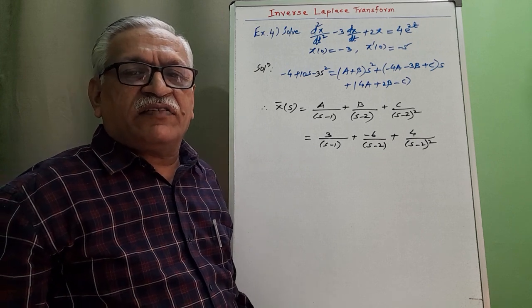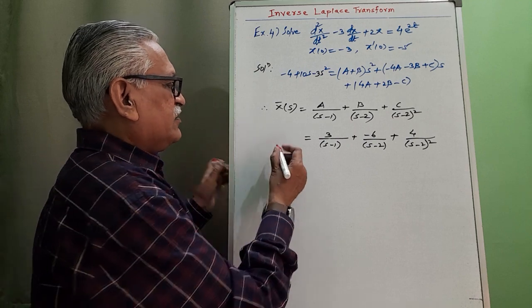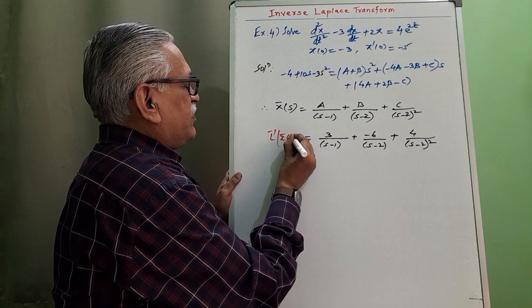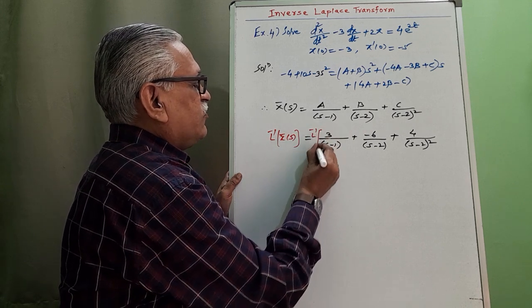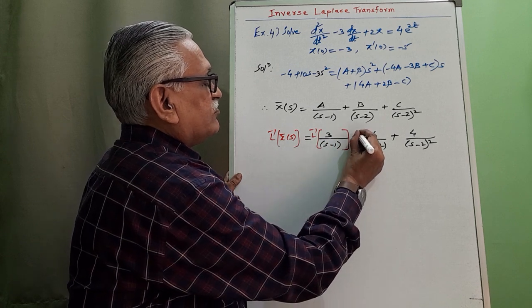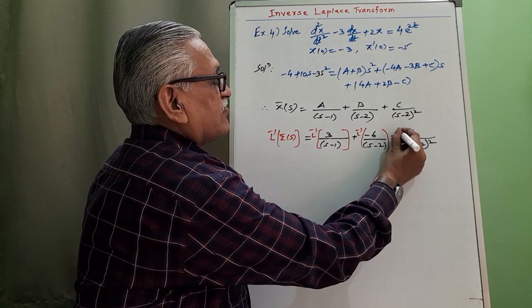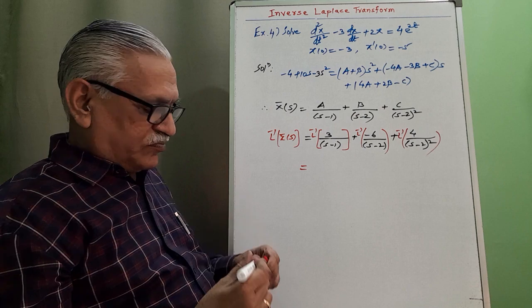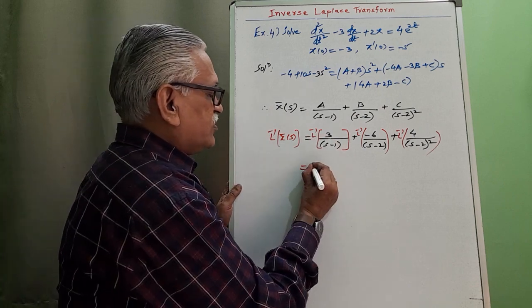And then next step is inverse on both sides. Therefore, taking inverse Laplace on both sides, it is inverse of left hand side x bar of s, inverse of right hand side term, individual inverse, and therefore it is equal to 3 constant outside.